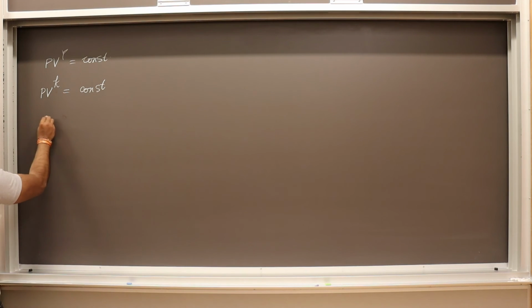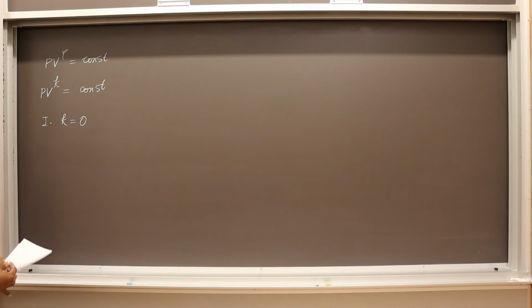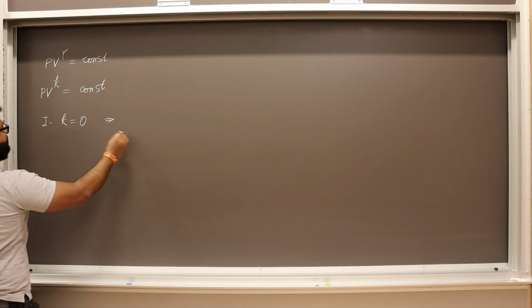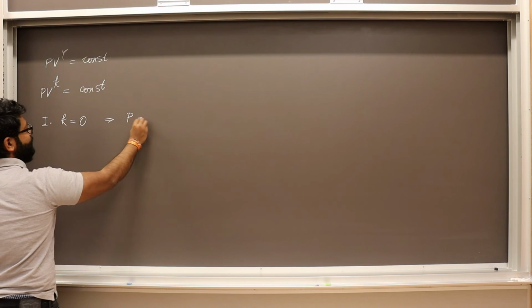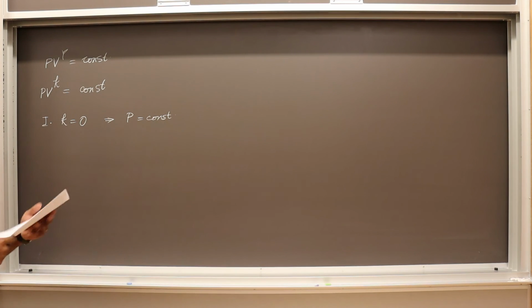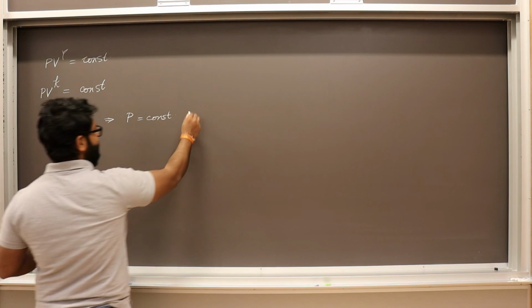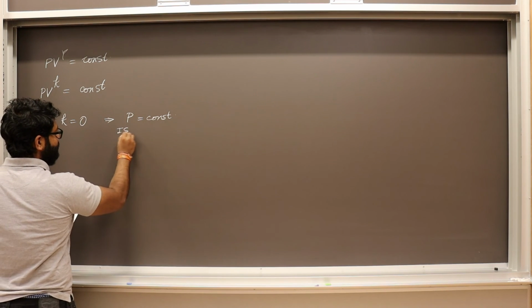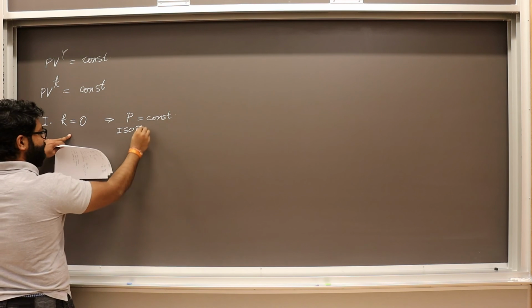Case 1, k becomes 0. How will this whole equation be simplified? This whole equation will become P is constant. So this becomes an isobaric process if k becomes 0.